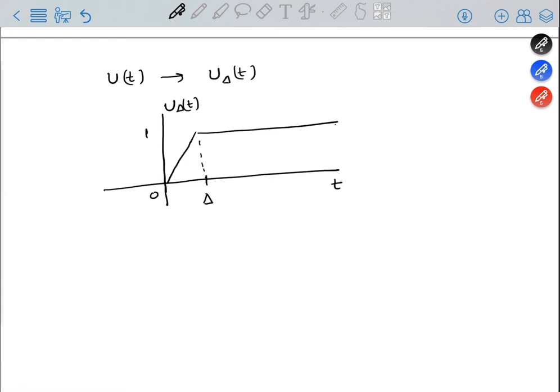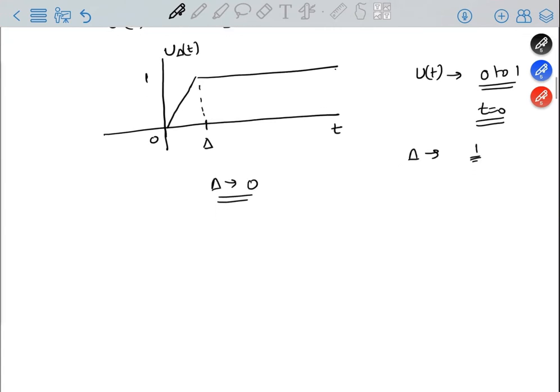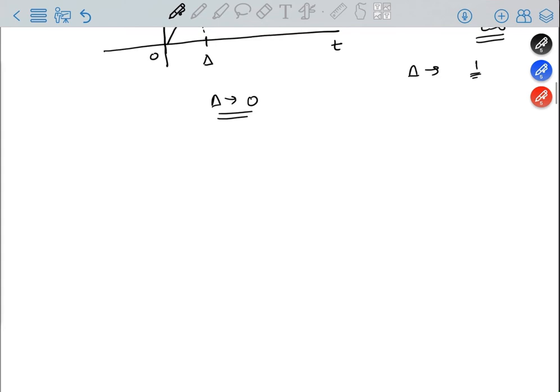In the case of the unit step u(t), the value was going from 0 to 1 instantaneously at t equal to 0. But here it takes a certain time delta to reach a level of 1. So there is some finite slope involved, and this delta is a very short duration, tending to 0.